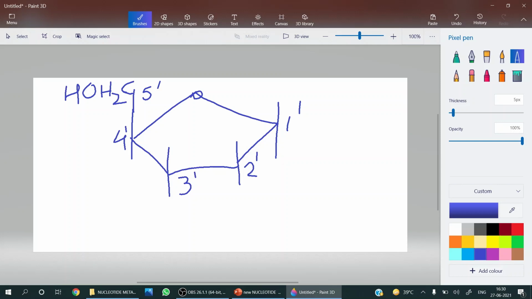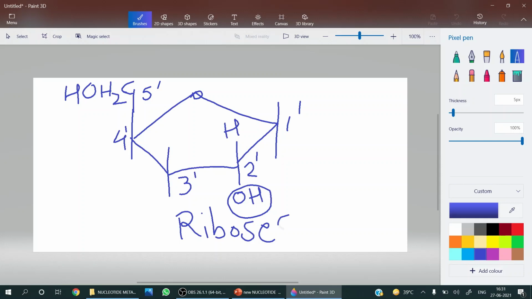Now this is a general structure. When at the 2 prime position a hydroxyl group is there, this shows that this is a ribose sugar. Now, in the case of deoxyribose sugar, you can see this is the 2 prime position and it lacks the hydroxyl group at this position.